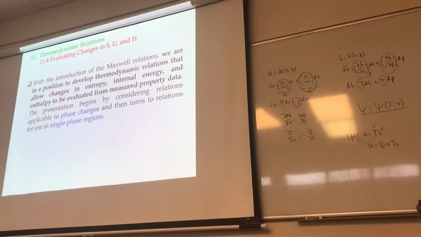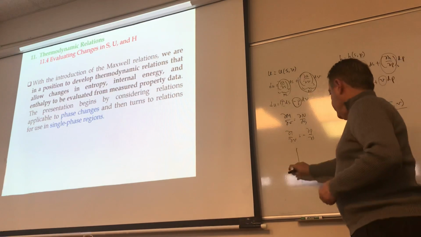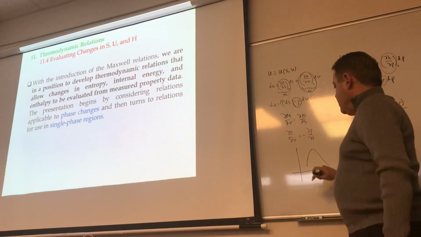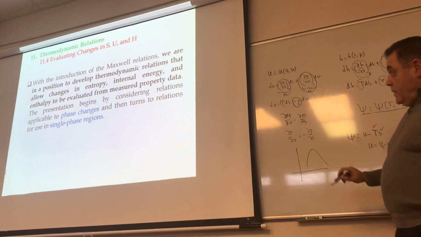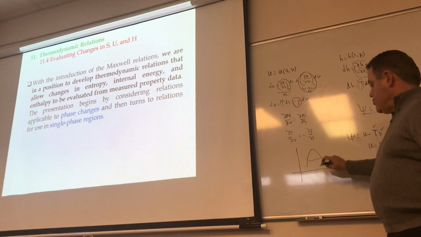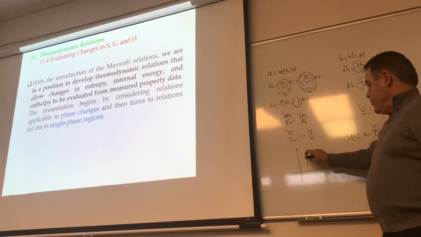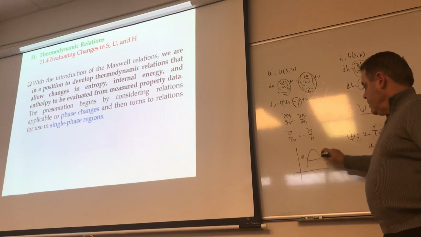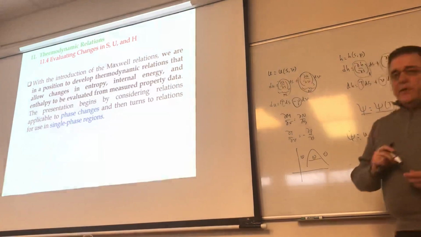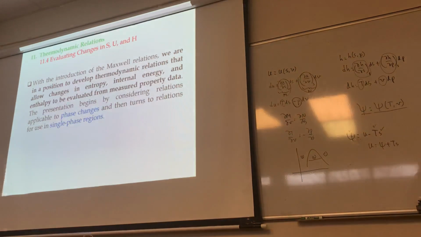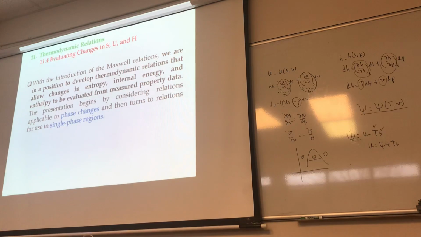Here we're trying to apply all this to situations under the dome or outside the dome, because there you have the phase change region, then another single phase region, and here you have two phase. So how do you use those Maxwell's equations in that case to figure out changes?